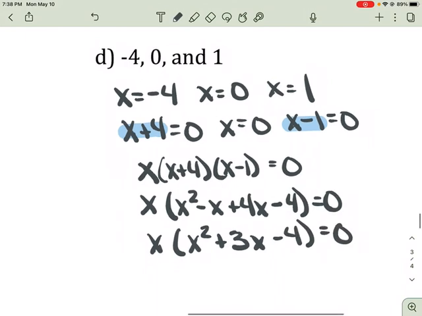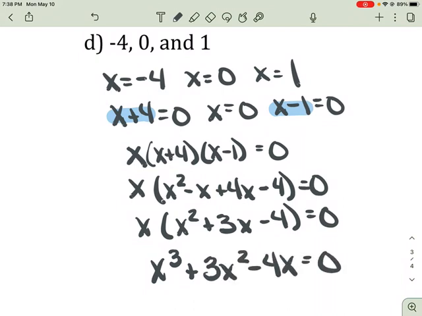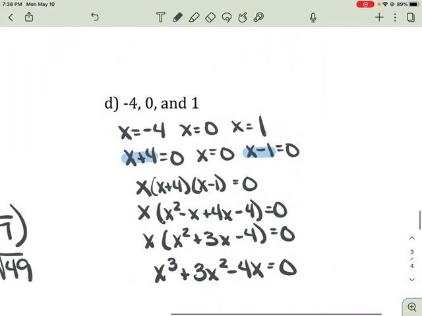Okay, so I just multiplied the 2 binomials, the 2 termed guys, and now I'm going to distribute the x, add my exponents. And there we go. Okay, so if you have a 0, just use x and just leave that for the end, because that's going to be the simplest one.